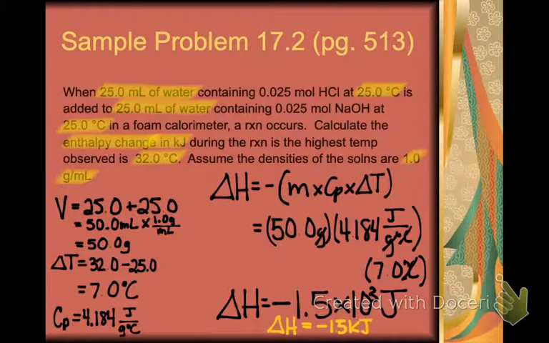You can do that conversion and double check that work and make sure you get negative 1.5 if you had to convert it to kilojoules. Okay, so that is our first problem. Let me leave that up on the screen just for a second so you can take a look at it. You can also pause the video as well. Okay, so now we're going to move on to a different type of problem on the next slide.